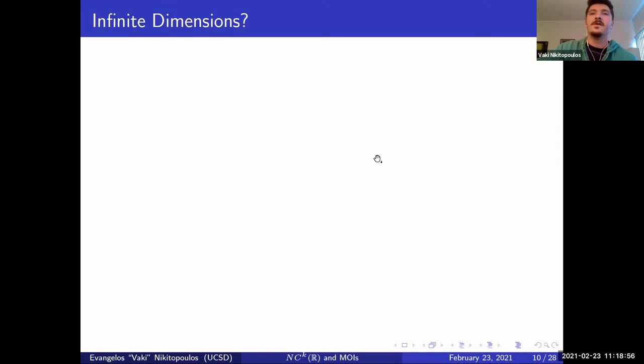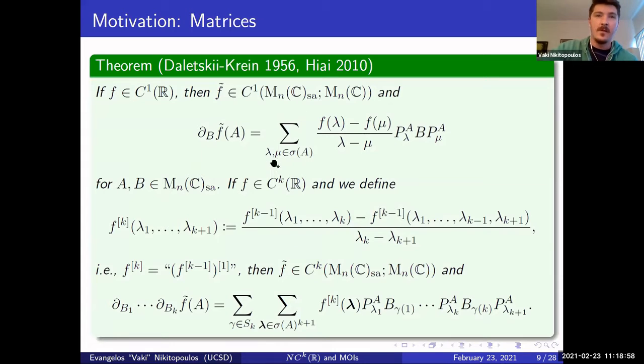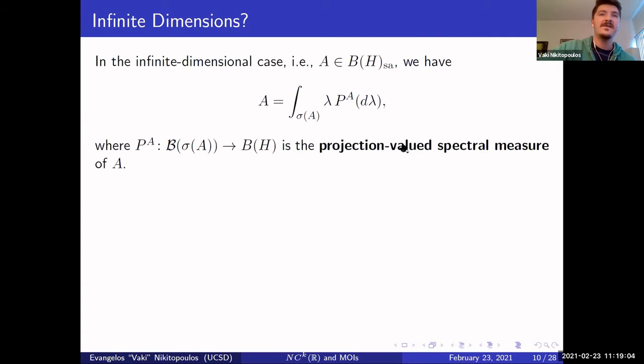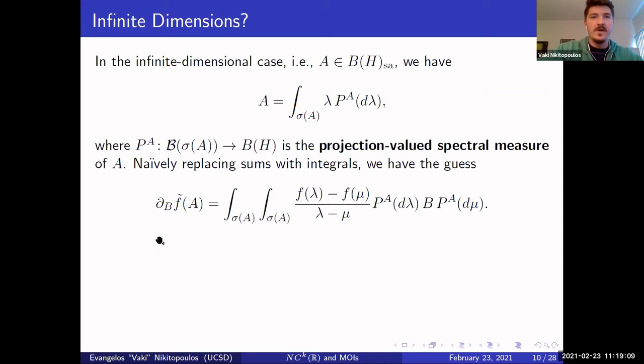All right, if we look back at this formula, we've got this double sum over the spectrum and the P_lambda^A's and the P_mu^A's. So if we naively replace those sums with integrals, we get the following guess: if we're going to differentiate in the infinite dimensional case, the formula should maybe look something like this double integral. We have the same divided difference function integrated first in the first variable, slide the input in, and then integrate in the last variable.